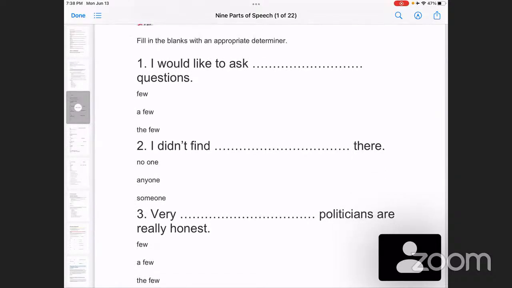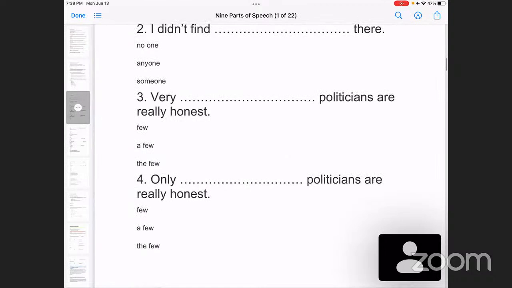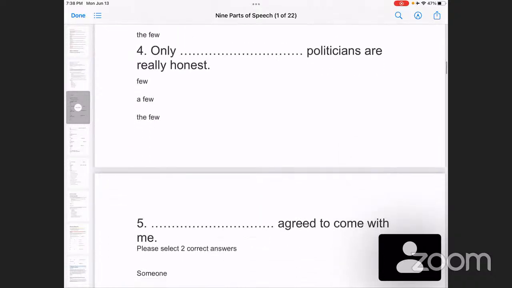I didn't find dash there. I didn't find anyone there. Third, dash politicians are really honest. Very few politicians are very honest. Only dash politicians are really honest. Only a few politicians are really honest.